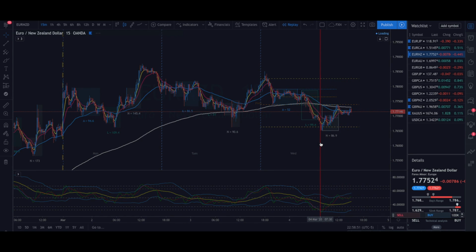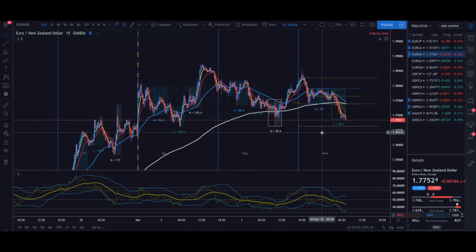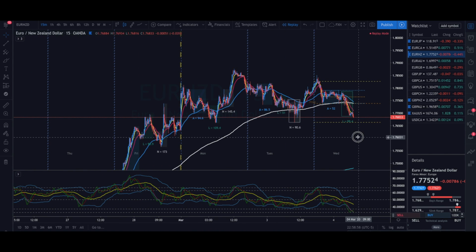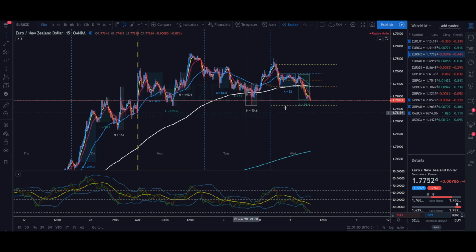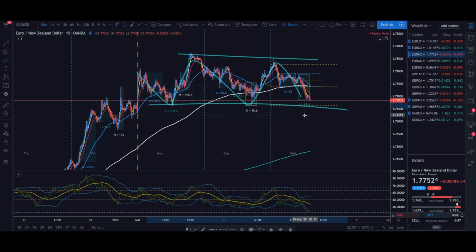So if we're going back here to this time frame, you have to think about what's been happening. Now, the entire week so far, Monday, Tuesday, and now Wednesday London session, you've been doing nothing but going back and forth between highs and lows. So that's one thing. So you know that you're in an accumulation cycle for that week.